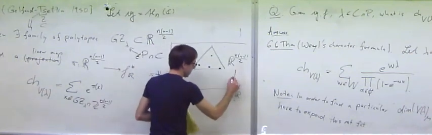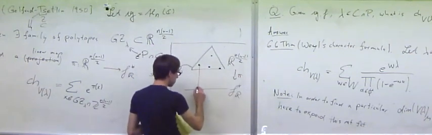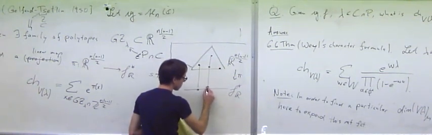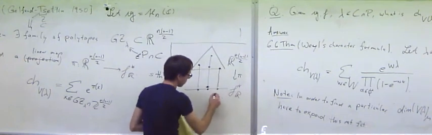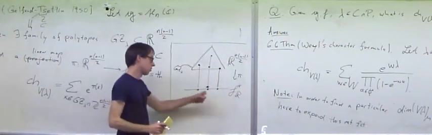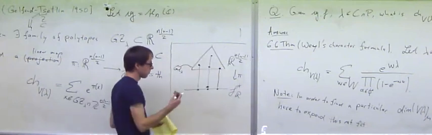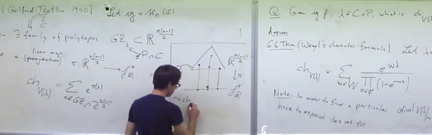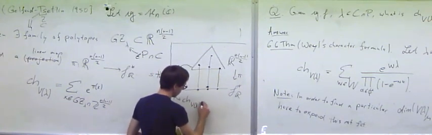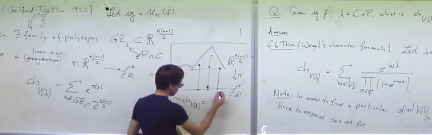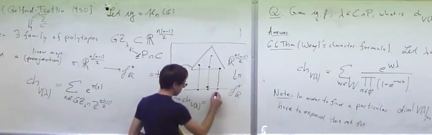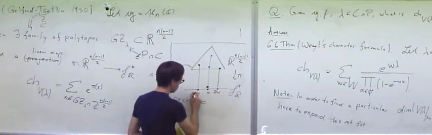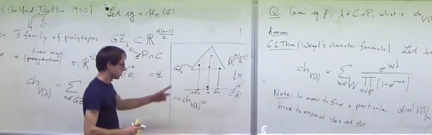Then I have this map pi, which just sends everything down. So in this example, this has two pre-images. So here we would conclude that the character of V lambda is, say, I don't know, say this is omega, this is 0, this is minus omega, or this is 2 omega, this is 0, this is minus 2 omega. Well, I just made up this example.